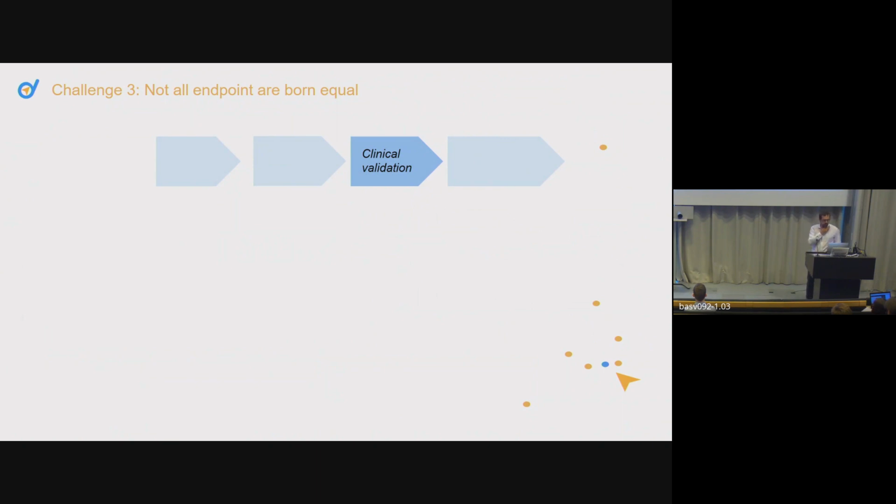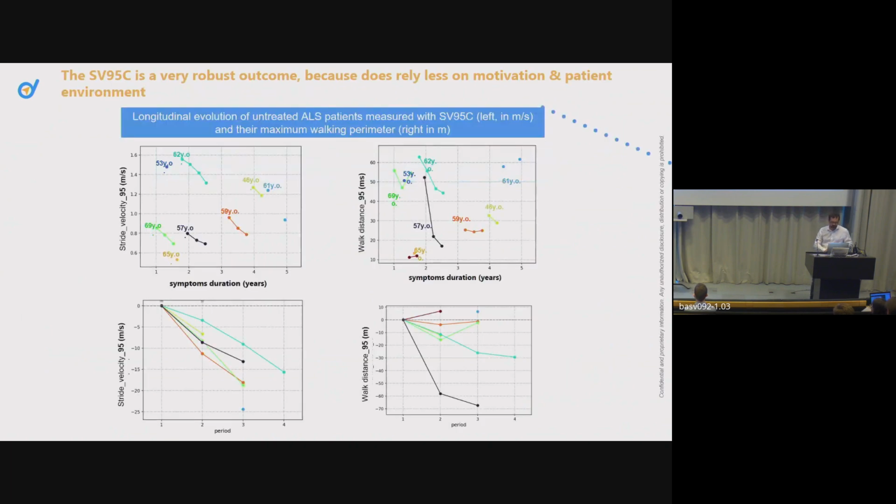Another one is, not all endpoints are born equal. If I was describing something a bit earlier, that a patient is reaching his top ambulation ability 5% of the time, that's really a limit that the patient has almost built into him due to the disease. If we're looking at other things, here we show, and sorry, it's a bit complex, on the left side stride velocity 95th centile, and on the right side the walk distance.